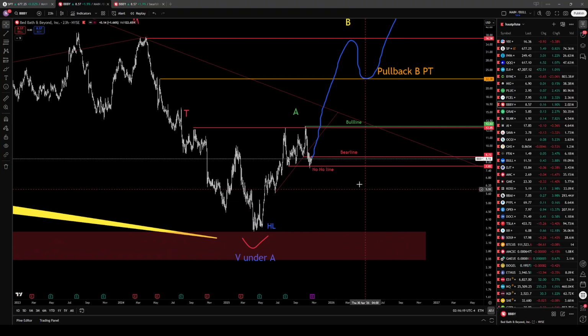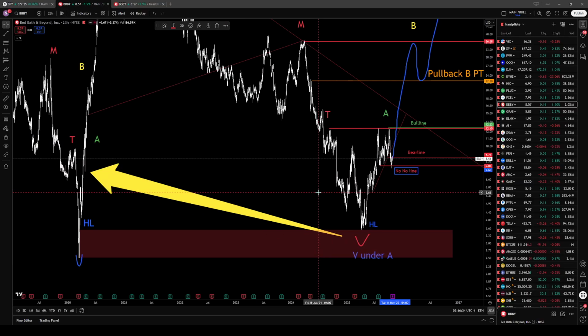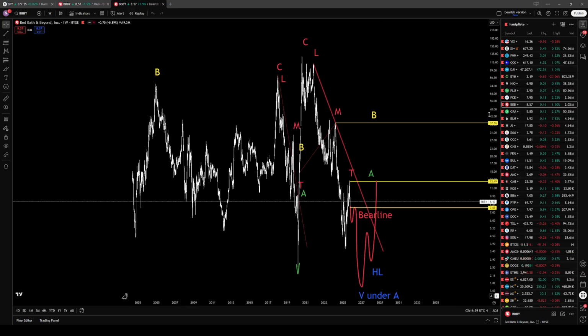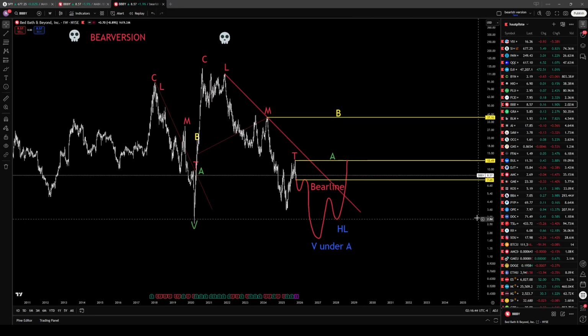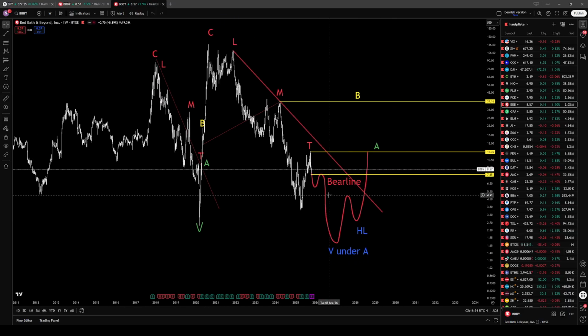For confirmation, everything over $12 is absolutely bullish. For making this wrong, everything under 789 again is bearish. For the bearish alternative, it wouldn't change anything except one thing, and that is that our A peak wasn't an A peak, it was our T peak, and I'm really leaning more to this.